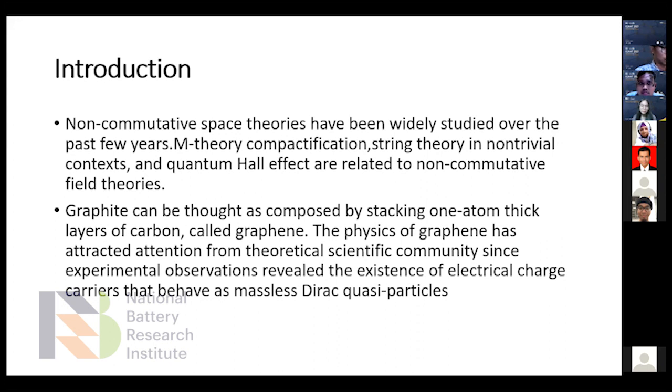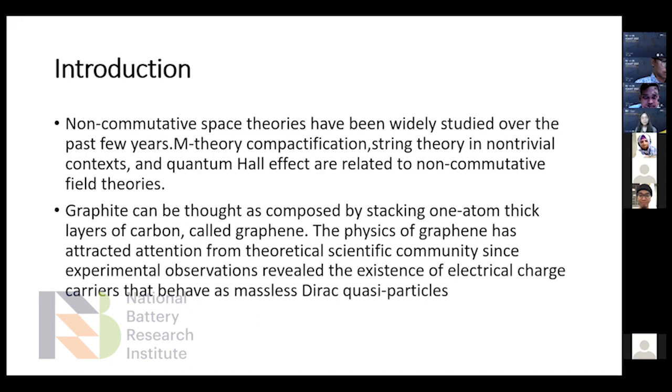The non-commutative space theory has been widely studied over the past few years, such as M theory, compactification, and string theory on non-trivial context, and the quantum Hall effect is related to non-commutative field theory. Also, graphite can be thought of as composed by stacking one-atom-thick layers of carbon called graphene.